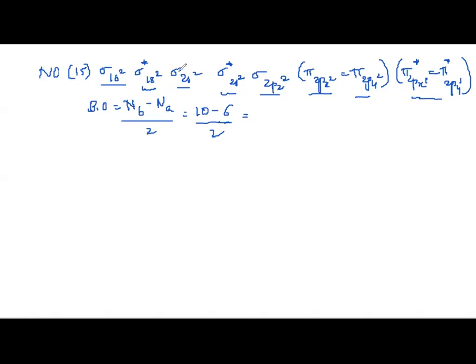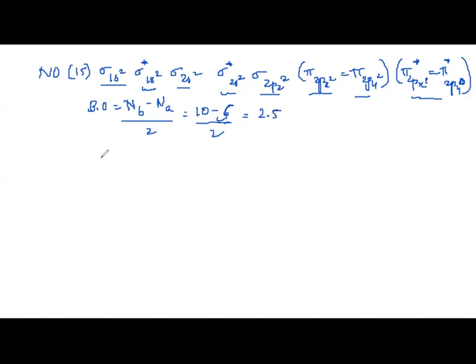I'm sorry, here there is only 1 electron, so this becomes 10 minus 5, divided by 2. So 5 by 2 is how much? 2.5. For NO, bond order is 2.5.